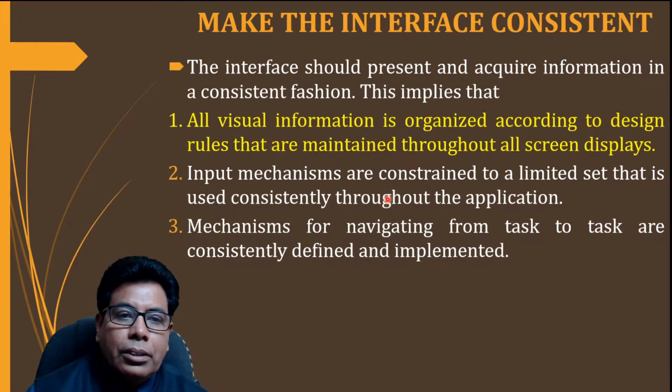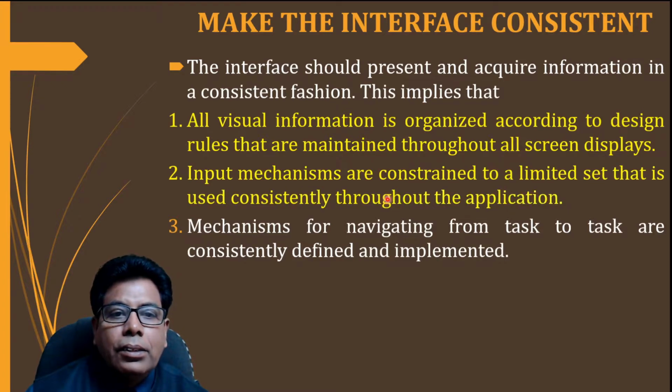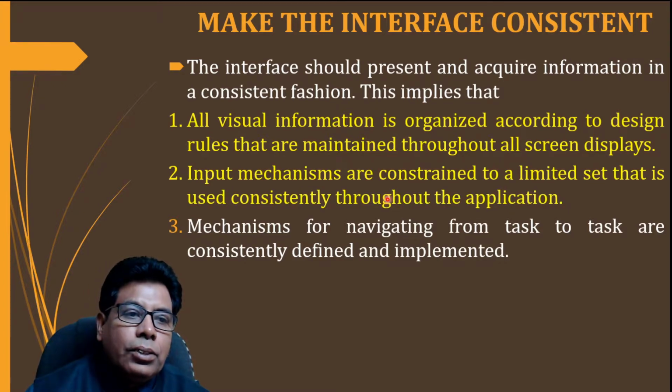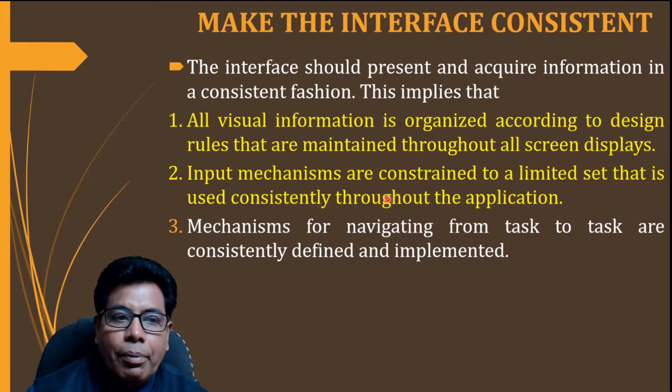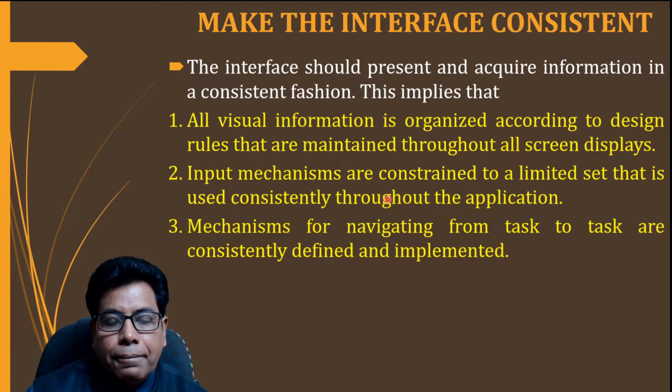That is important, there should be consistency in that. Then input mechanisms are constrained to a limited set that is used consistently throughout the application. And the third thing, mechanisms for navigating from task to task are consistently defined and implemented.